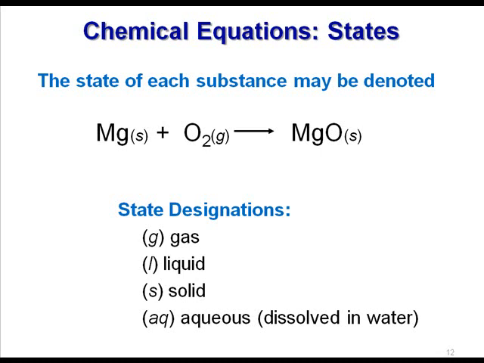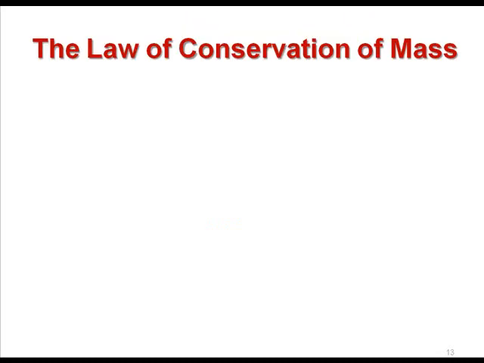And that is not a violation, because you do not have to have the same states on one side as the other. In fact, often the chemical reaction causes changes in state. So the states have to be denoted, but they do not have to balance out on both sides.